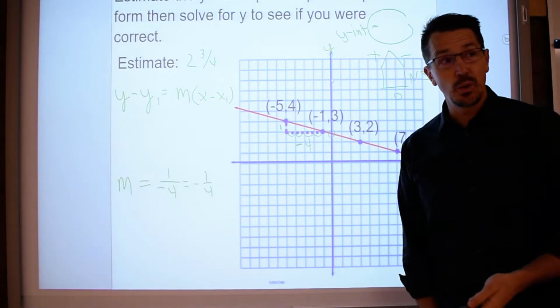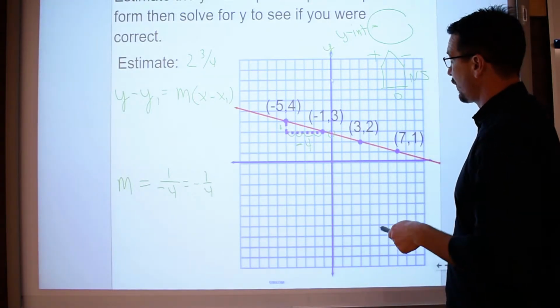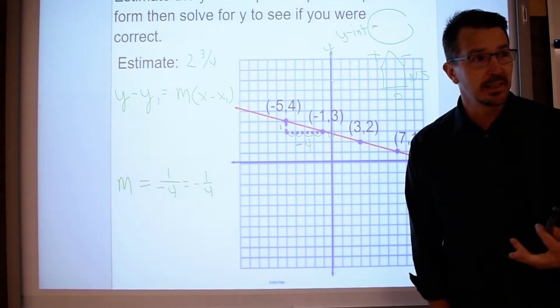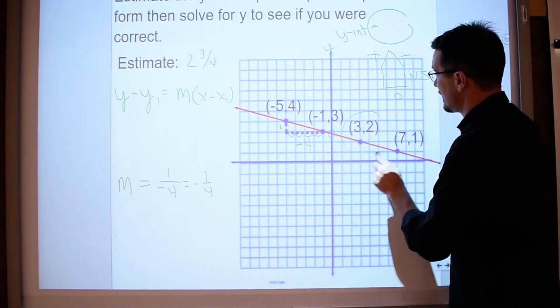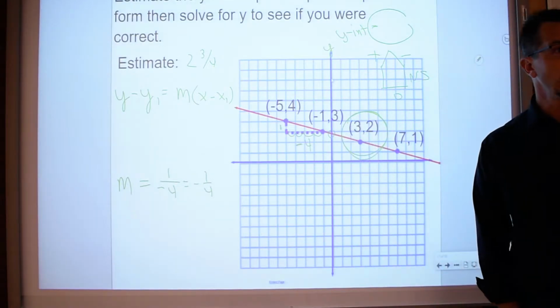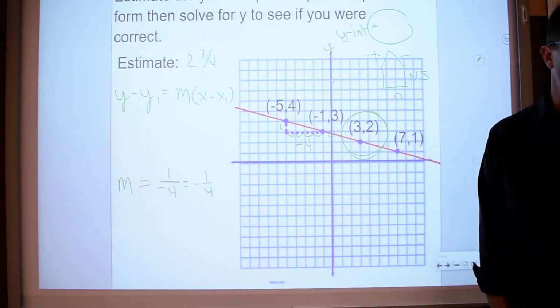What I tend to do is look for the point that makes it easiest. The things that I look for, for instance, are that both numbers are positive, or that they're really small numbers. So the number I'm going to pick is 3, 2, because that's positive and small, so if I have to do multiplication, it won't be a big deal.